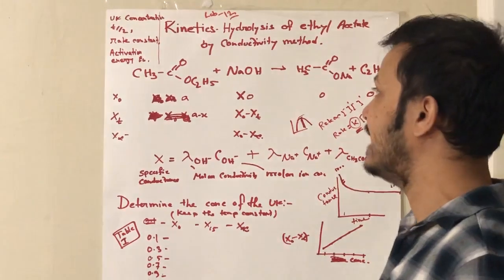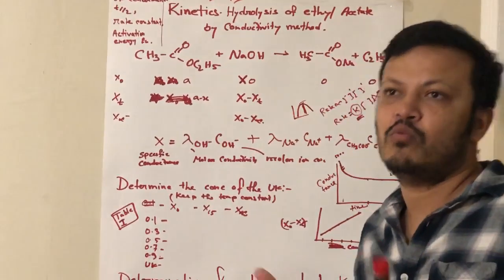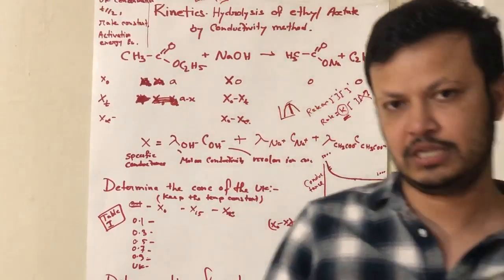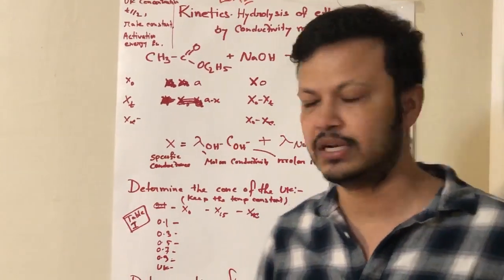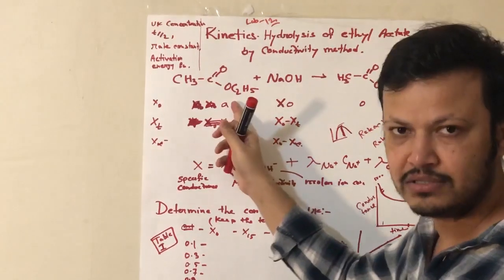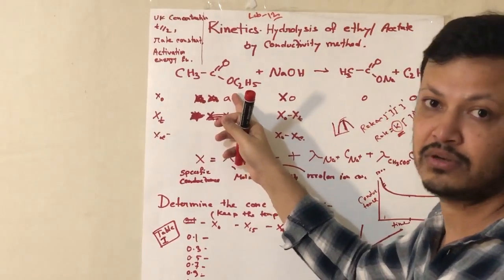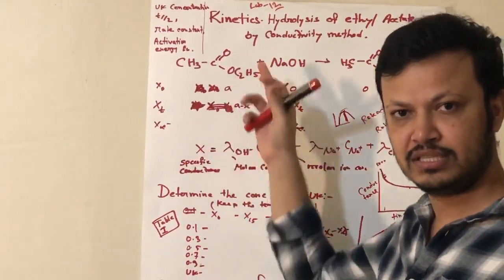As you know, what is responsible for the conductivity? The ions are responsible for the conductivity, right? Among these two, which has the ions? Does it have any ions? No, it doesn't form any ions. So it will not give any conductance for this reaction.